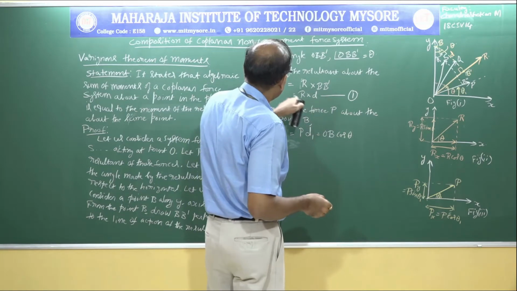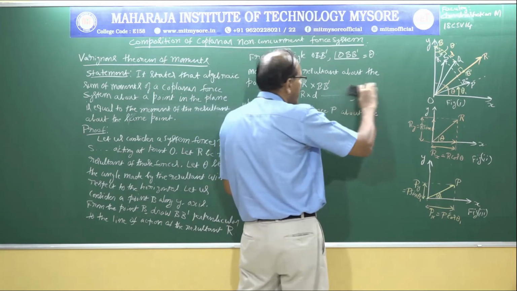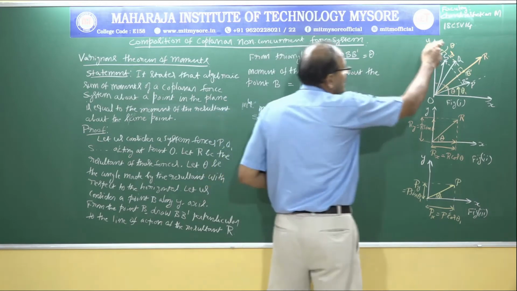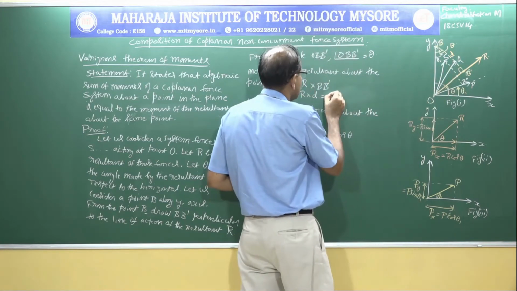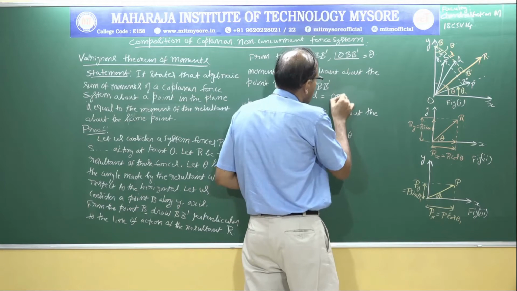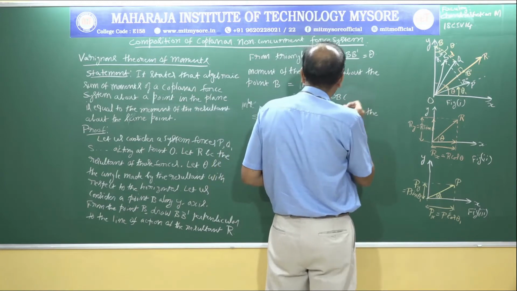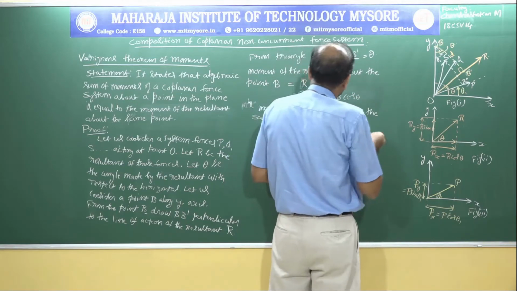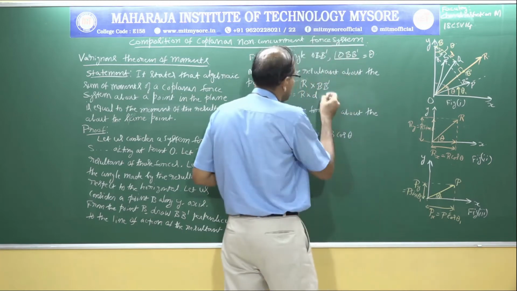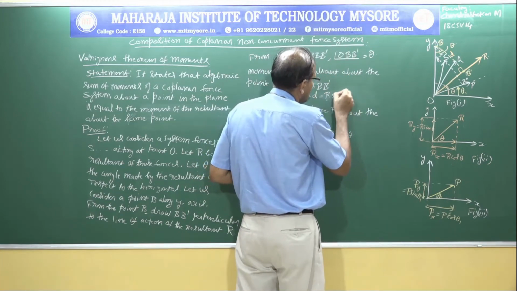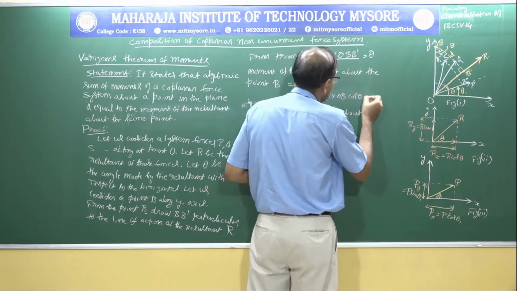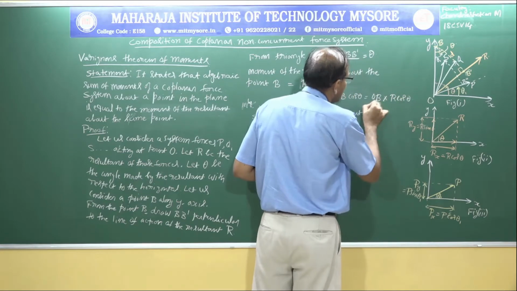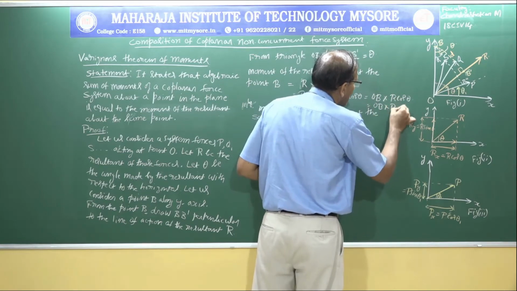And another thing here, I am going to make a little bit of correction. RD equals, so D is nothing but OB cos theta, RD equals OB cos theta with R, that is equal to OB multiplied by R cos theta, that is nothing but OB into Rx.